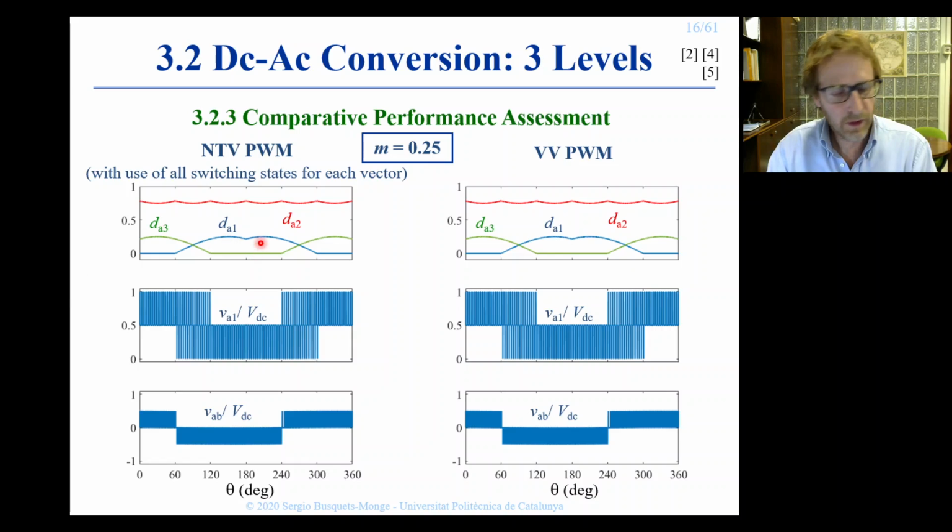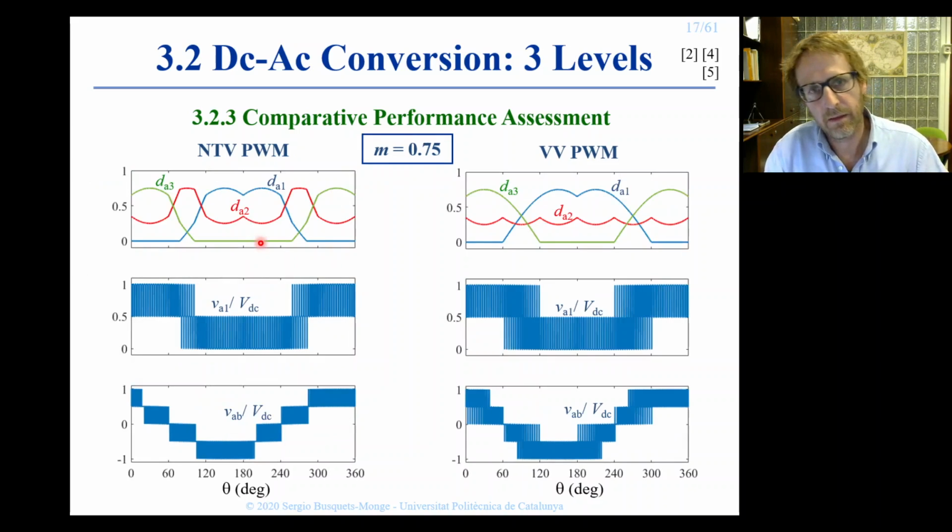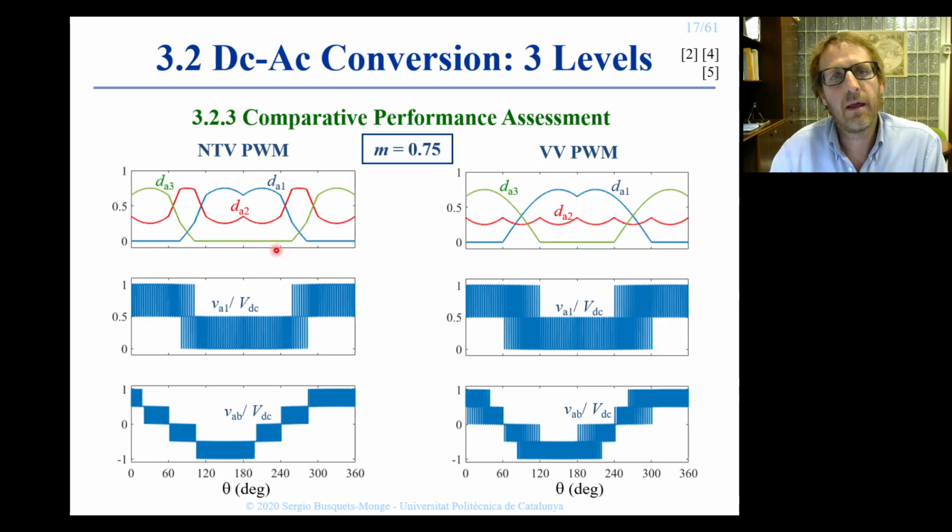At higher modulation indexes, the two strategies differ, and we can see this clearly because the leg duty ratios are different in one case and the other.